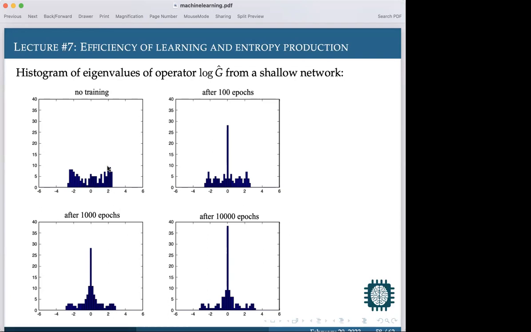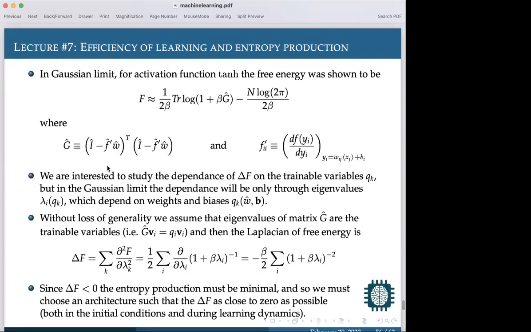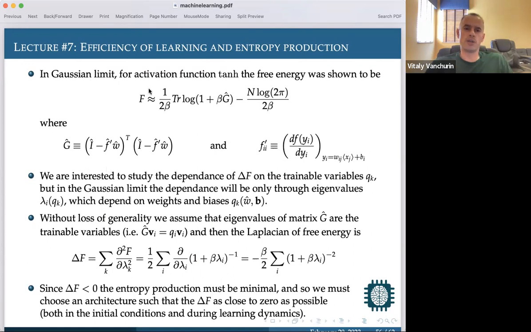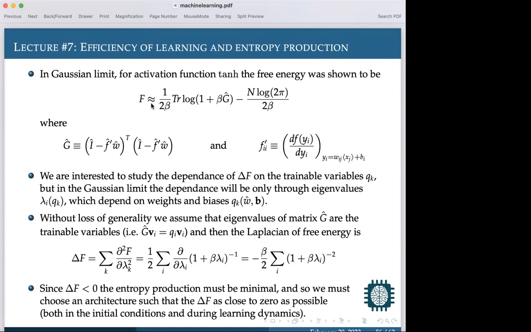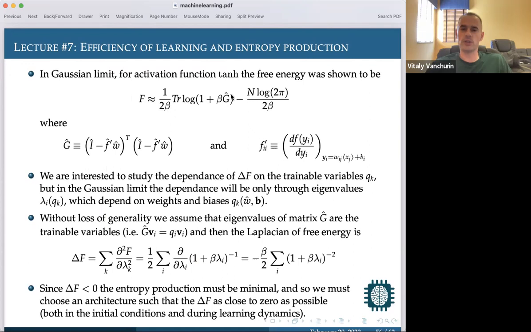Okay, yeah, I see. Also I had a question on a few slides back about the Gaussian limit. Here, what exactly are you referring to in terms of the Gaussian limit? Okay. So this calculation is only correct when you have non-trainable variables, states of neurons, where you can have a large number of neurons, but they are modeled by a Gaussian distribution, which is completely wrong at late times.